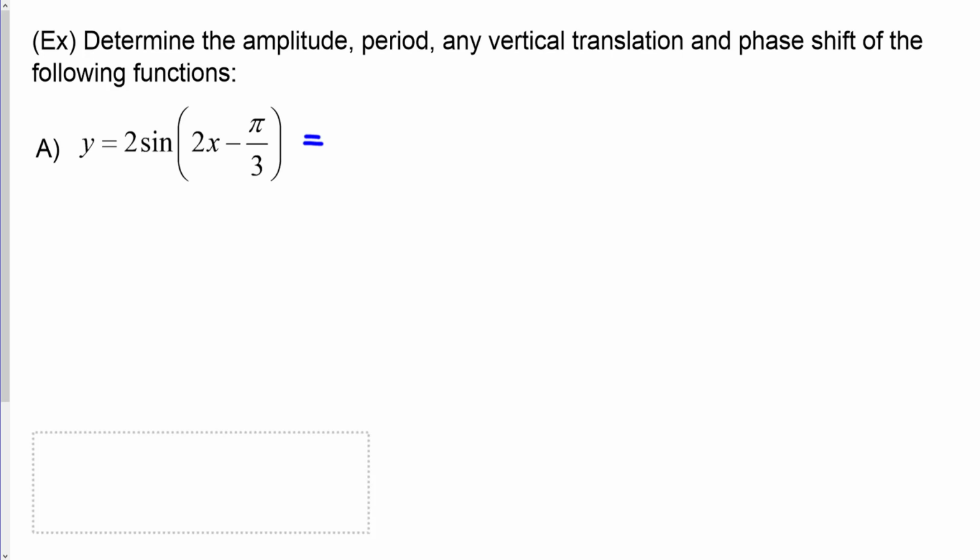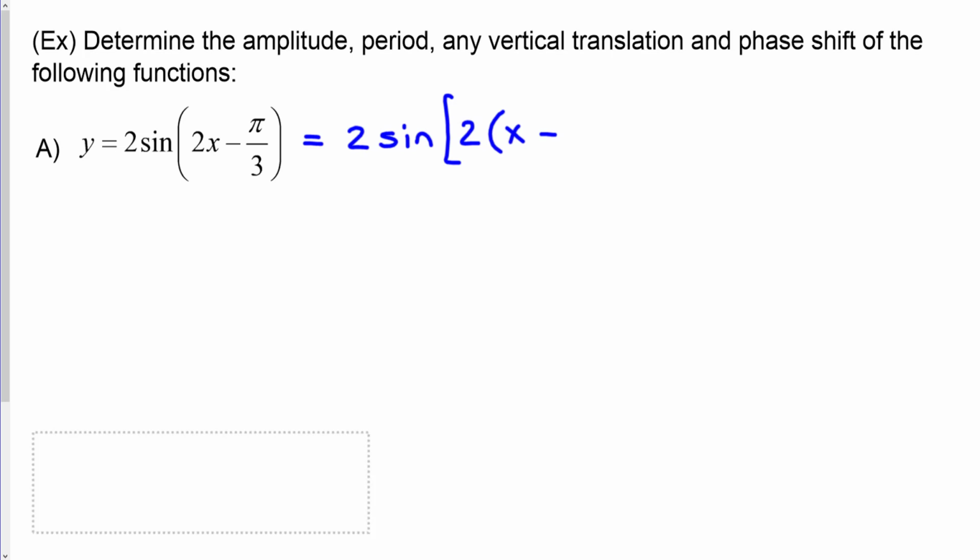It's easy to do. So 2 sine, what would you do to factor out a 2 from a set of parentheses? Well, just pull the 2 outside of the parentheses. Then 2x divided by 2 is just x. That's what we want. But then we have to do pi divided by 3 divided by 2.